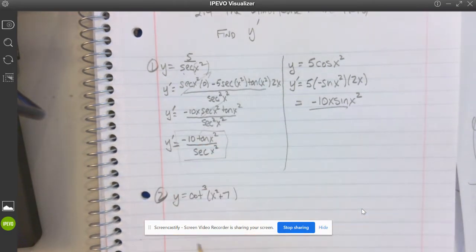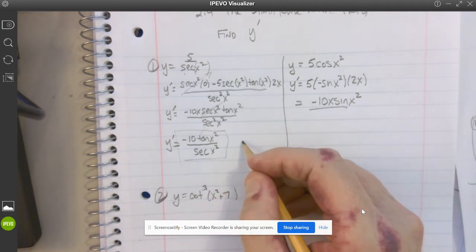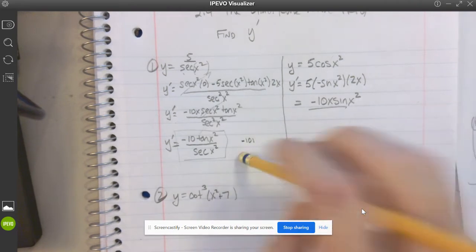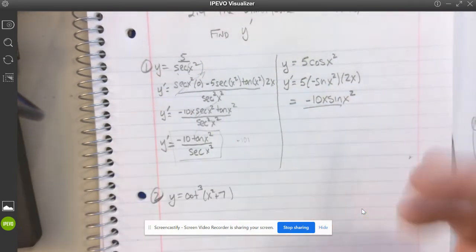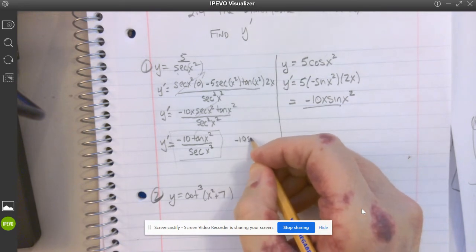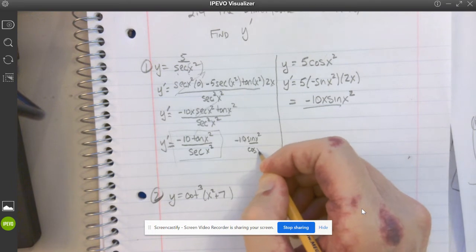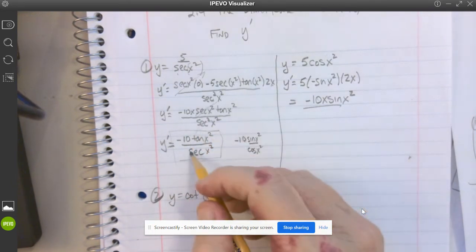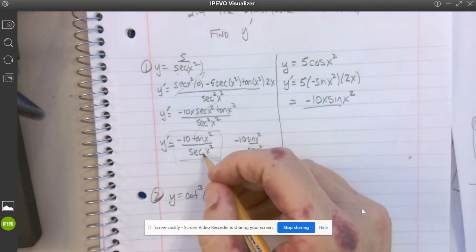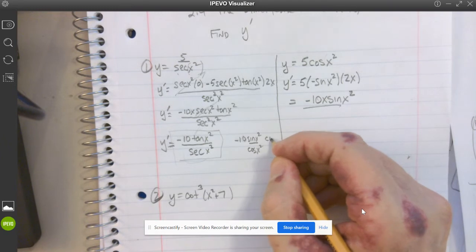Well, just to verify that, tan is sine over cosine. So this is sine x squared over cosine x squared. Secant is 1 over cosine, so this would be cosine squared up top.